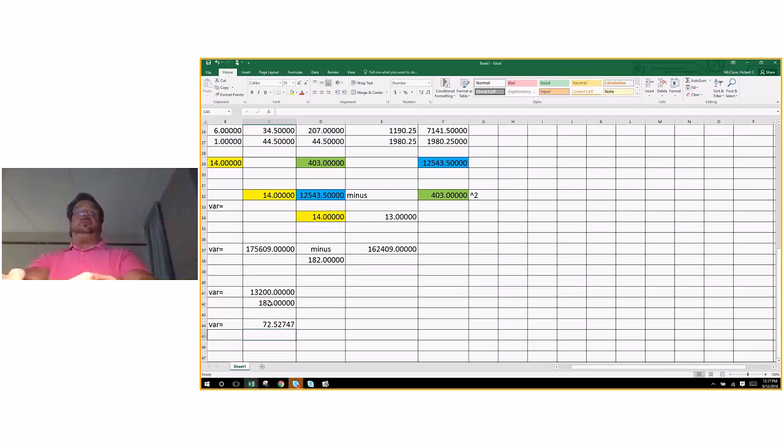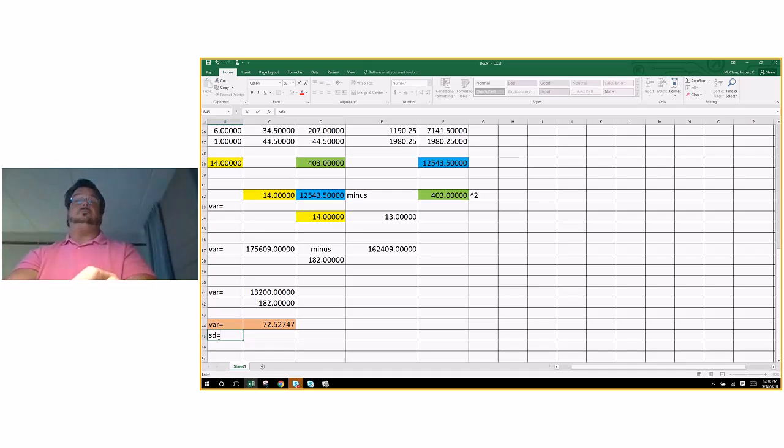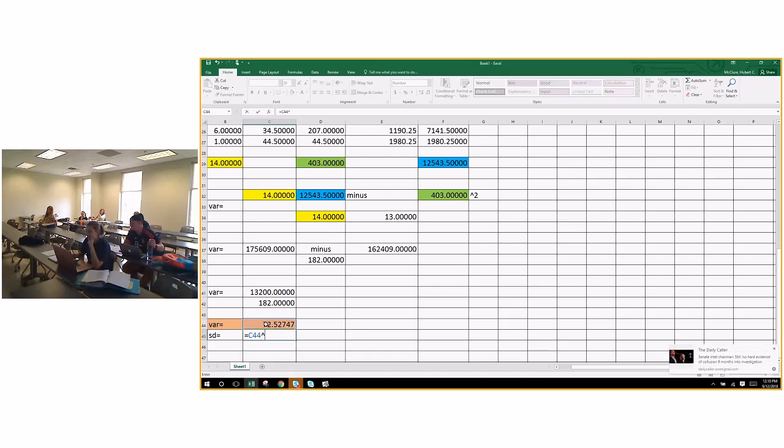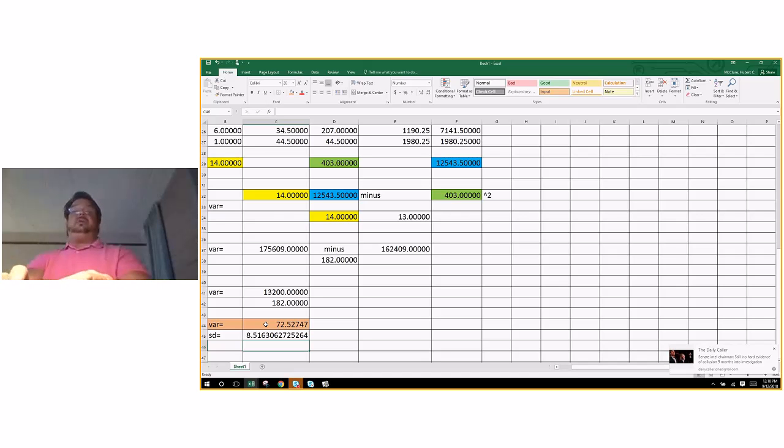So our variance is equal to what? 72.53. I'm going to highlight that in something different, kind of an orange. Now everybody in here should be able to get standard deviation. What is standard deviation? The square root of the variance. Good job. And that's how you find the variance and standard deviation of a frequency table.